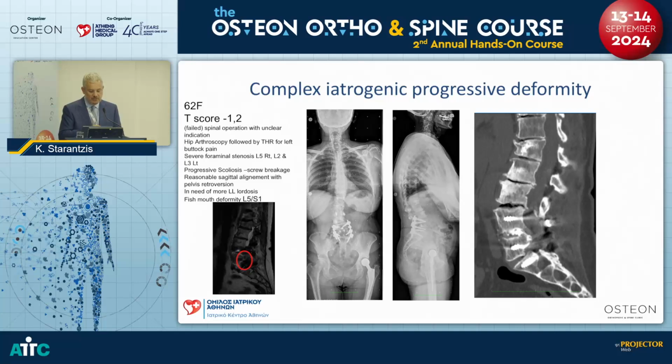Oh, she had the screw breakage, as you can see on the plain X-ray. S1 screw is broken. Would you operate? Would you deal with the foraminal stenosis only, or would you do a full correction? The main problem is the pain on the leg.